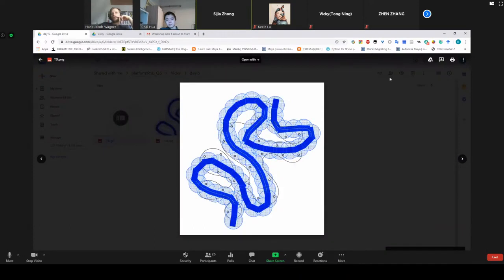It's pretty cool to see how the sequence of these repositioning maneuvers is able to cater to the whole slab surface, right? So I think that's cool.